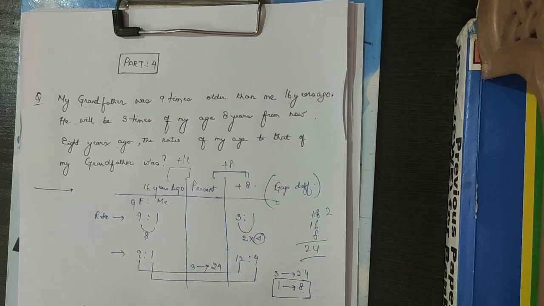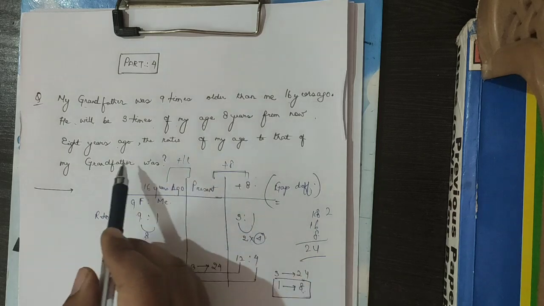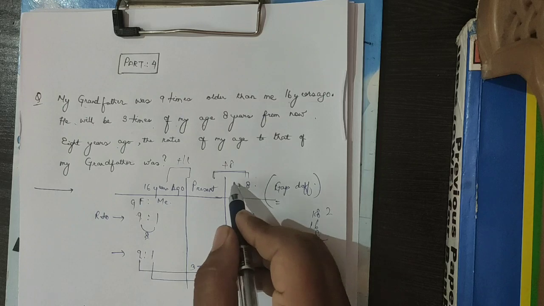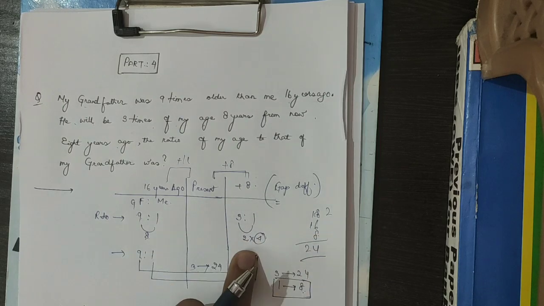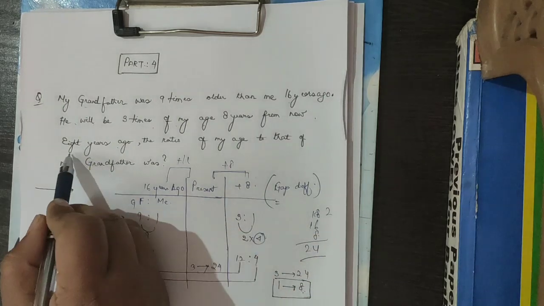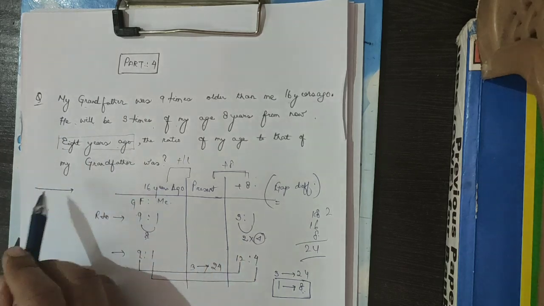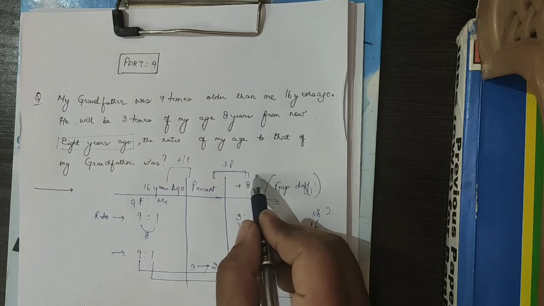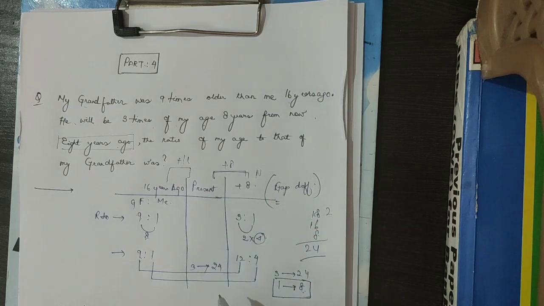Now if 1 value is 8, then for 9 how much? We can find from here, and we can find either way, but since they asked 8 years ago, we can also find from this side, and then just subtract to get the answer.